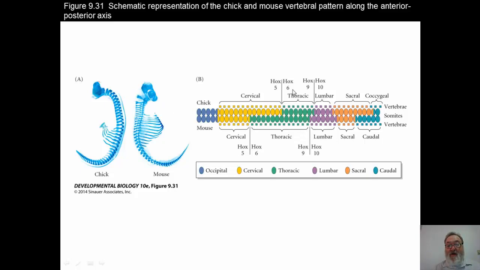And you compare them, the thorax. Again, the same gene is regulating that anterior-posterior length, lumbar area, sacral, and so forth. So the Hox genes are critically important when we talk about vertebral patterning along the anterior-posterior axis in vertebrates.